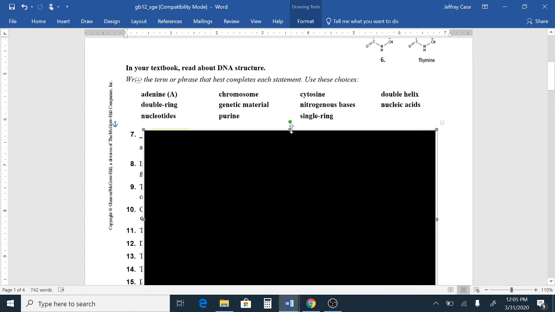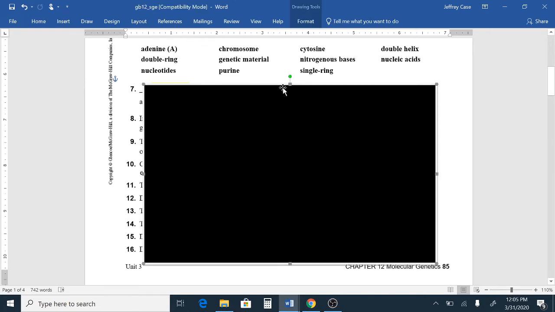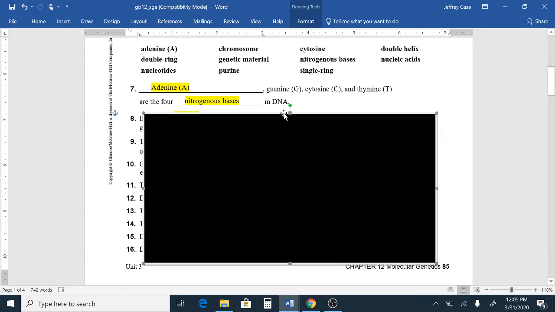So here's our word bank. We'll go one by one here. Okay, number 7, adenine, A, guanine, cytosine, and thymine are the 4 nitrogenous bases in DNA.